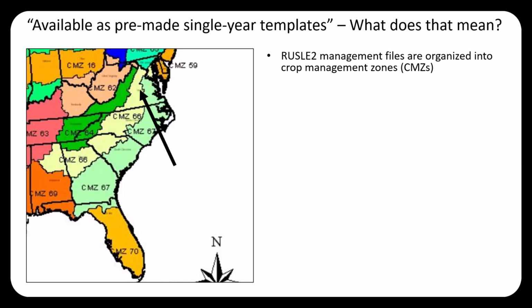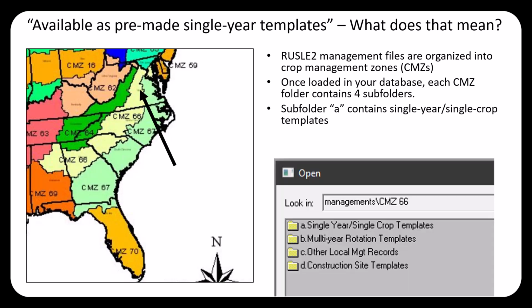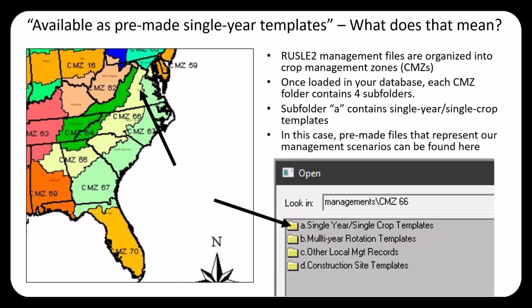Goochland County, Virginia is in the Piedmont region, CMZ 66. Once loaded in your database, each CMZ folder contains 4 subfolders, and subfolder A contains single-year, single-crop templates. For the particular calculation we'll be doing, there are pre-made files that represent our desired management scenarios in this folder.